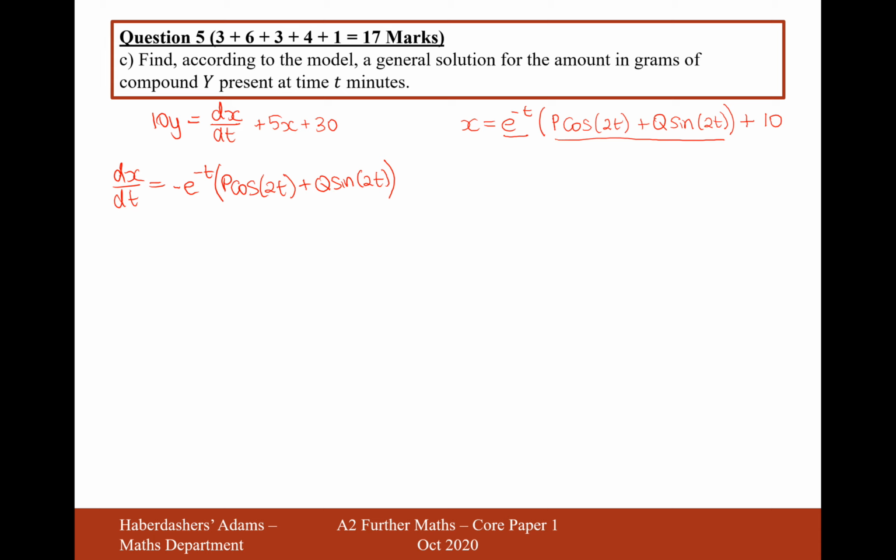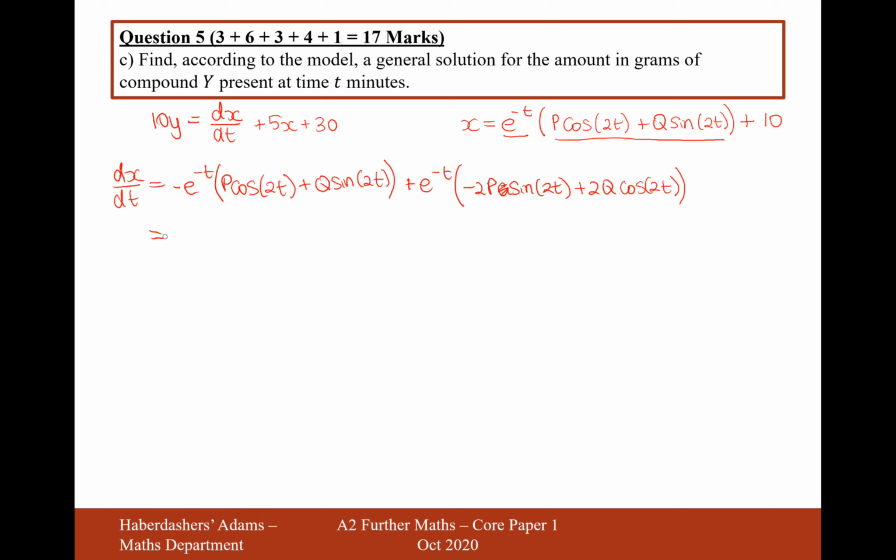That's the first bit differentiated, the second part kept the same. Let's now do it the other way around. Plus e to the minus t, and then it's going to be minus 2p sine 2t, and the second bit's going to be plus 2q cos 2t. And then the plus 10 will disappear.